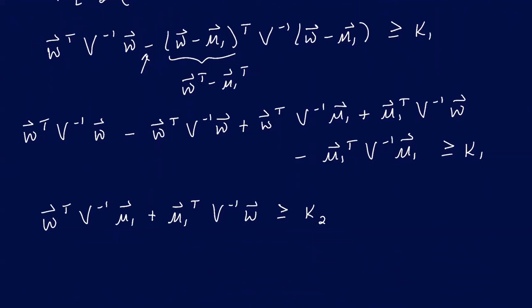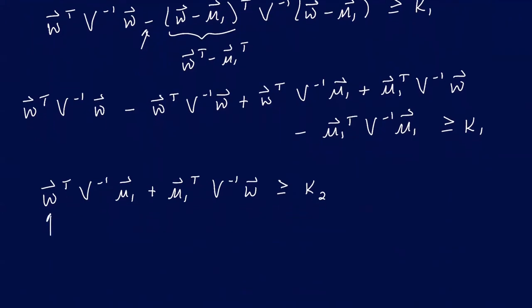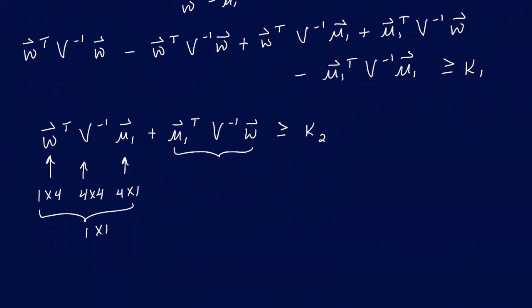But it's really not that bad because this W transpose is 1 by 4, V inverse is 4 by 4, and mu is 4 by 1, making this entire thing 1 by 1, or a scalar. This thing over here is the transpose of this thing. So it's a scalar transpose. It's the same exact scalar. And so this is equivalent to 2 times one of these. I have to choose one.